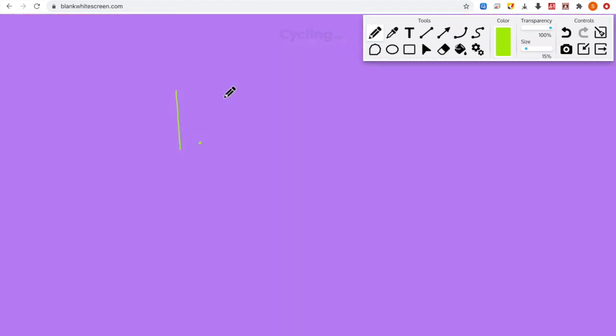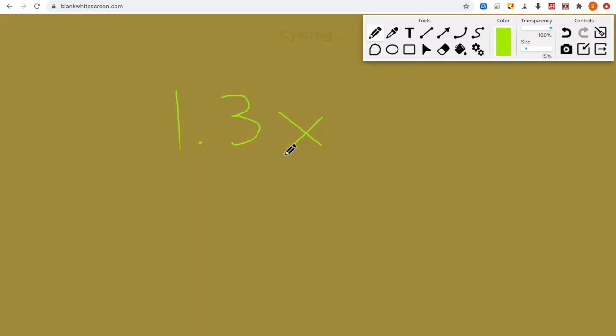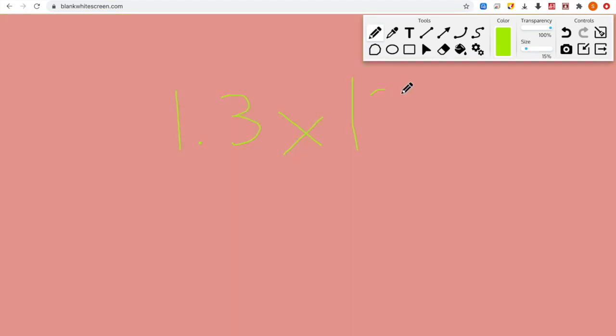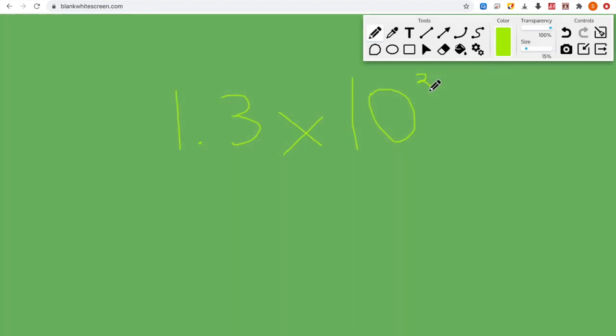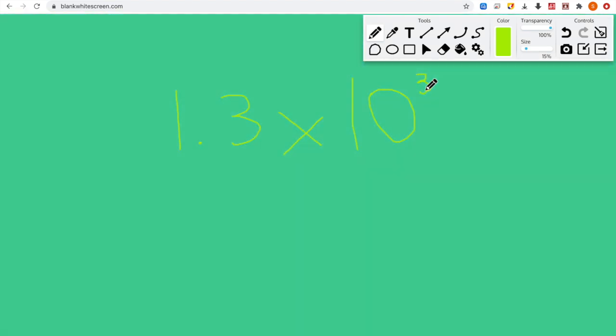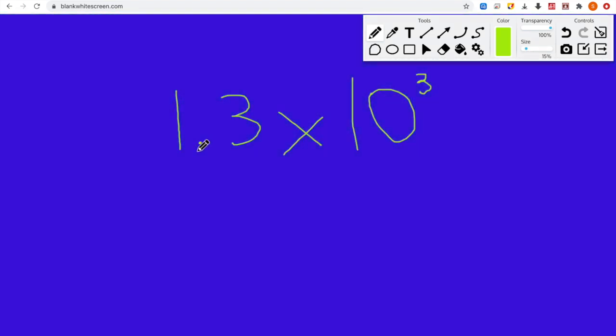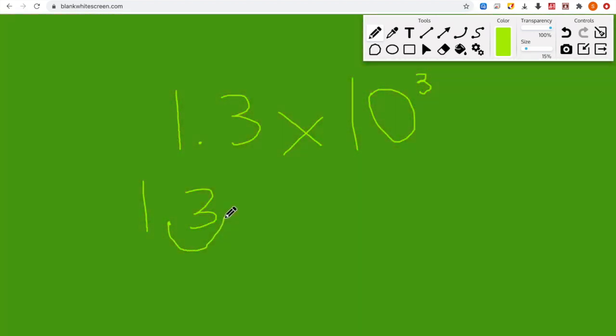So here's our first number, 1.3 times 10 to the third. Once again, this positive 3 means we're going to move the decimal to the right. If I rewrite it now, I'm going to move my decimal over 1 spot, 2 spots, 3 spots.